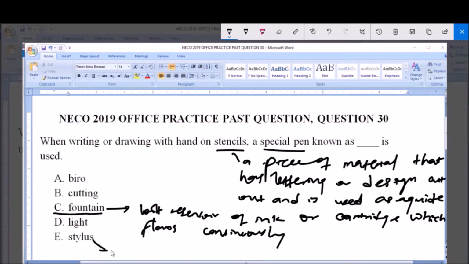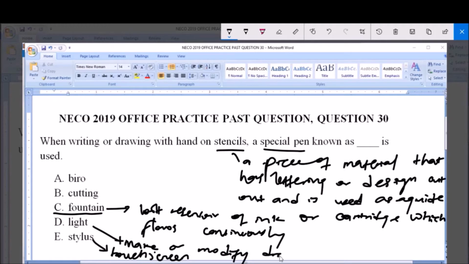Stylus pen here is a pen used on touch screen. We use stylus pen on touch screen, like your Android phones. That is where stylus pen is used. Then light pen is a computerized pen that is used to make or modify images or drawing.